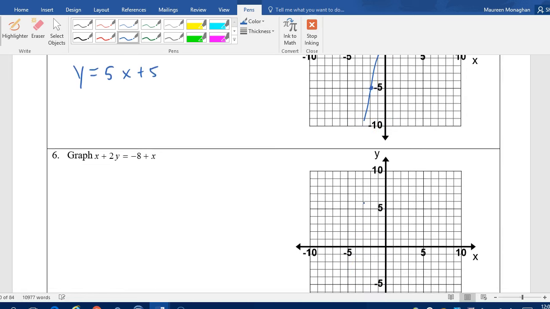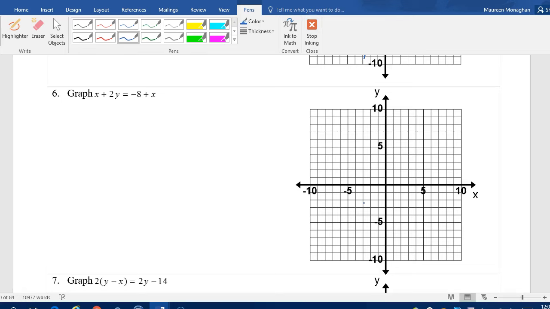Okay, the next two are a little more complicated, but not too bad. You have to find the y. So take care of the x. That goes away. But look what happens. There's another x on the other side. So it goes away. All right, so now we just have 2y equals negative 8.